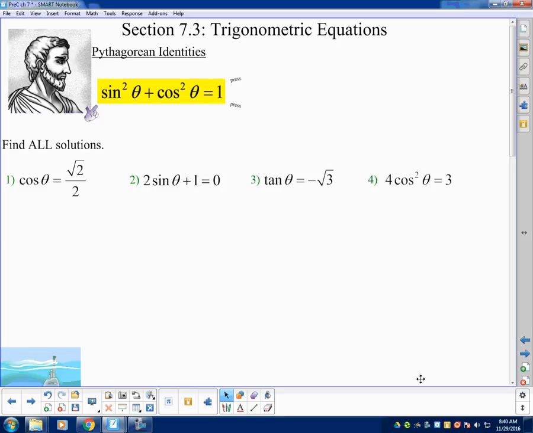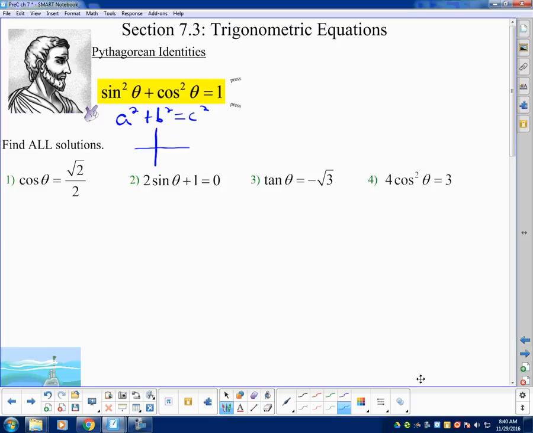You might recognize it. It's called a Pythagorean identity because it corresponds to Pythagoras' theorem, which says a squared plus b squared equals c squared. Well, where are my a, b, and c in here?